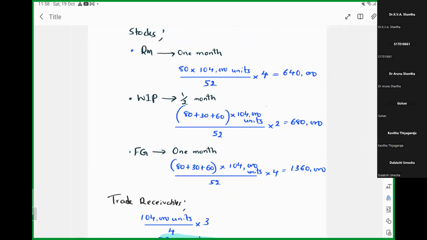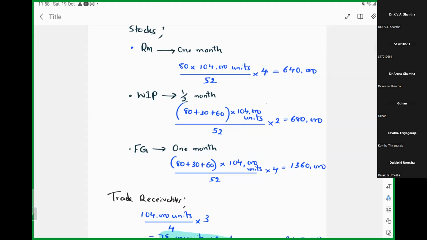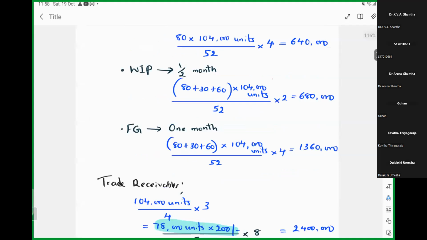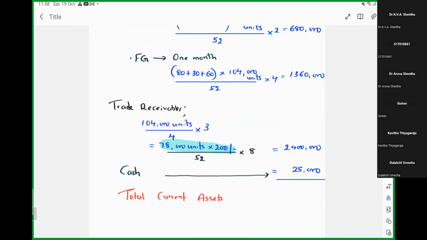Total current assets are 5,105,000. So from that, deduct current liabilities.